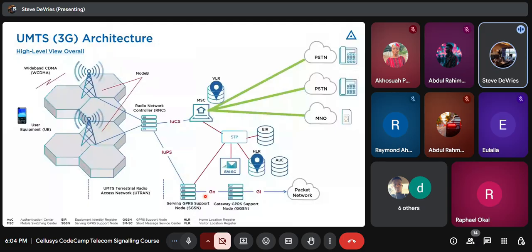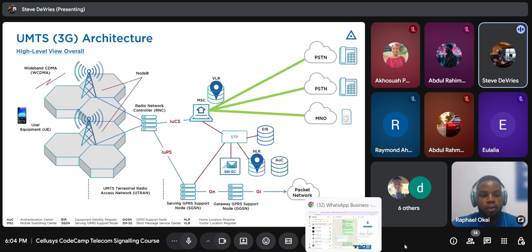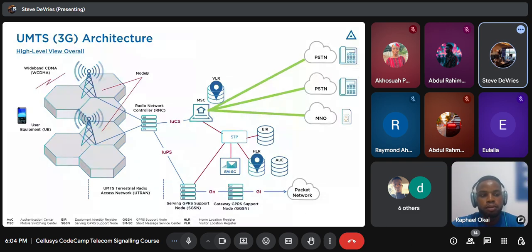If you're using your mobile for voice, air interface, radio network controller, the Iu circuit switched interface to the mobile switch to the world. So now your mobile can do circuit switched for voice and SMS. Short message service is still circuit switched.